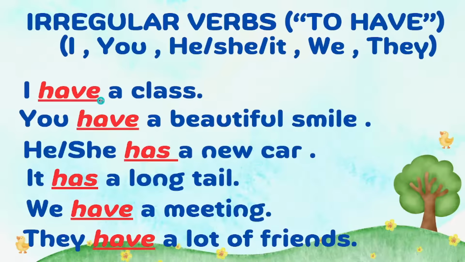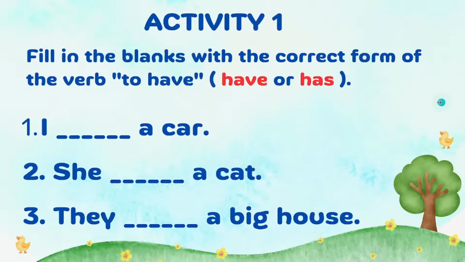Just always remember that. And for the he, she, and it, it's always with has, the irregular verb. Alright? Next.